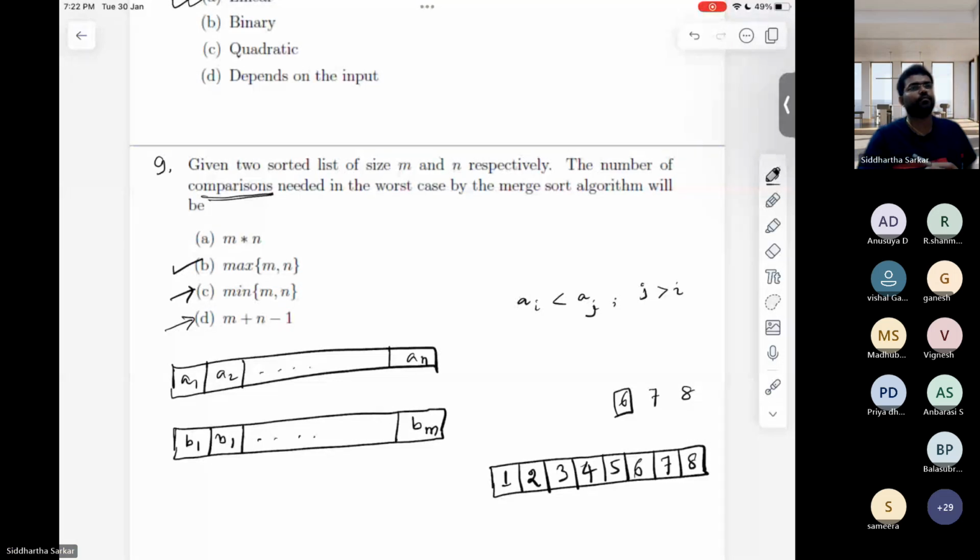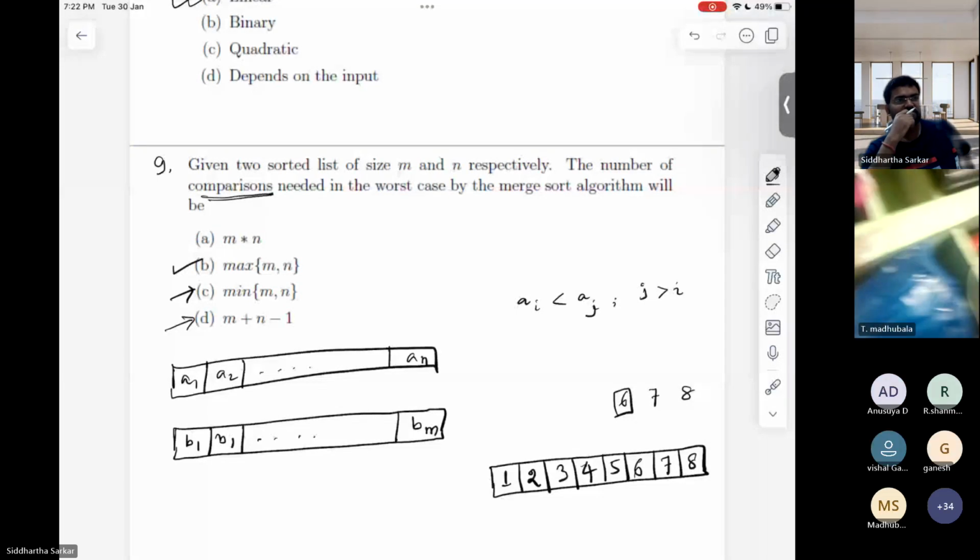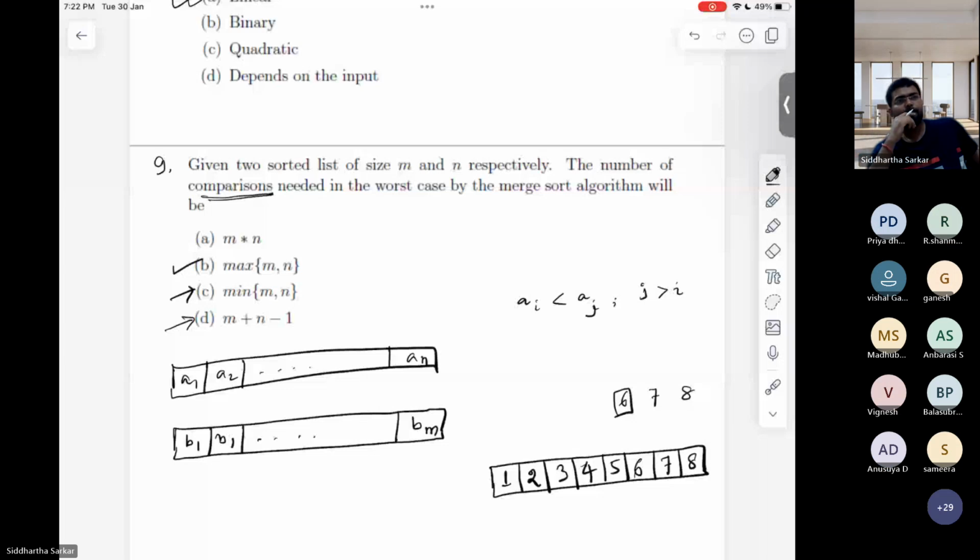Okay. Now that you have seen this example, would you like to give it another thought and revise your answer? Is it min of m comma n? So what was n? N was 2, m was 6.